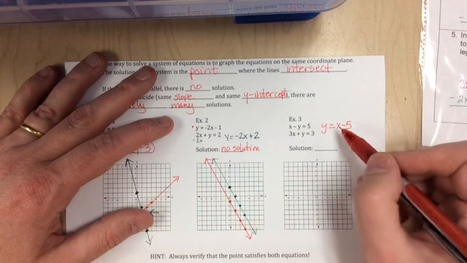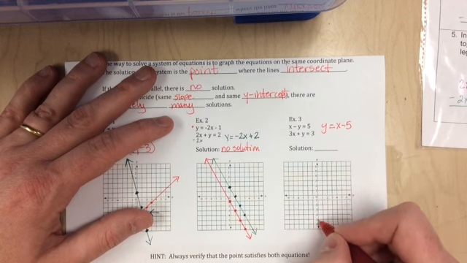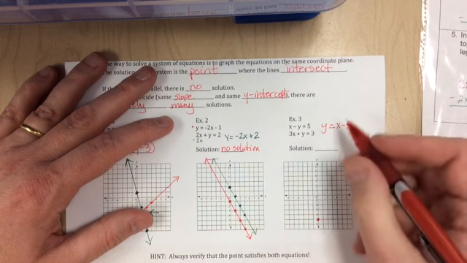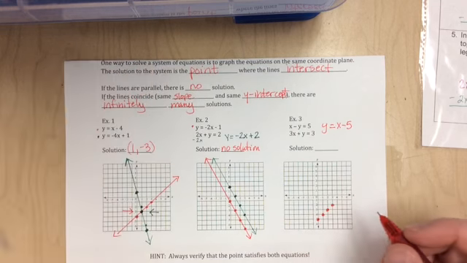So my y-intercept is negative 5, and my slope is positive 1. So there's my line.